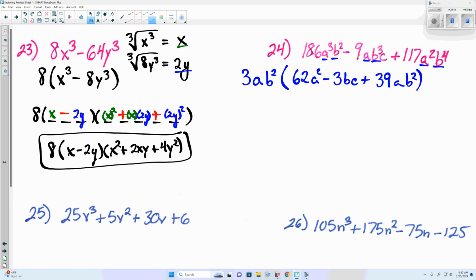Now this is as far as it goes. One of the key indicators that this one's done is that we have a squared, we do have the a and a number without a, but the bc thrown in throws everything off. Now we could have a and b squared, a squared for one term, b squared for one.